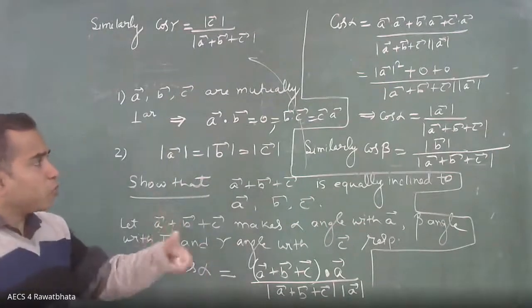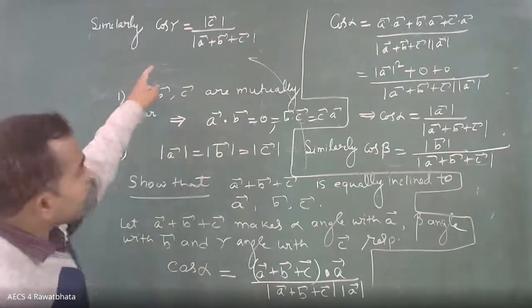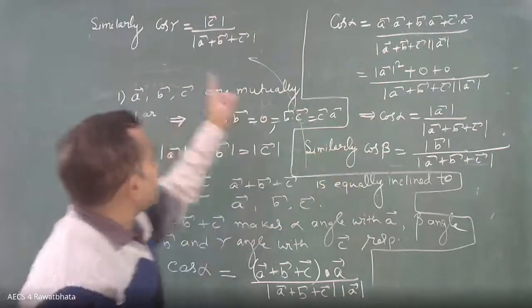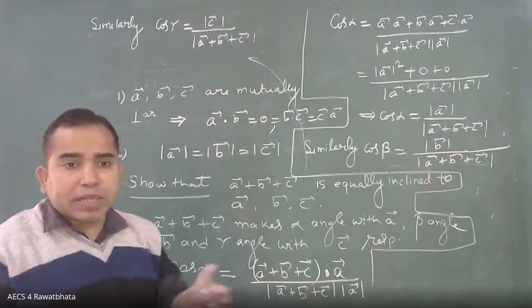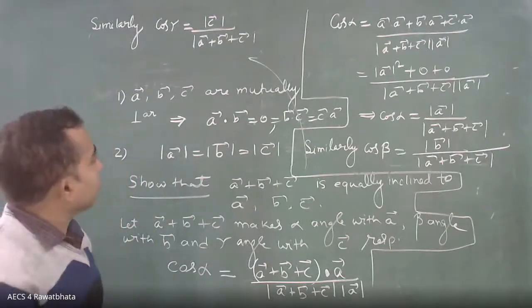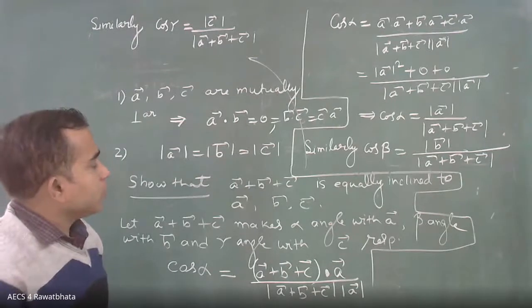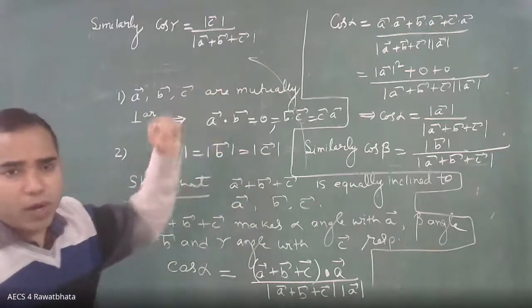So I have to show alpha equal to beta equal to gamma. Here I have got the values of cos alpha, cos beta, cos gamma. So is it possible to prove all three are equal? Ketan, is it possible to prove these three, cos alpha, cos beta, cos gamma, equal?